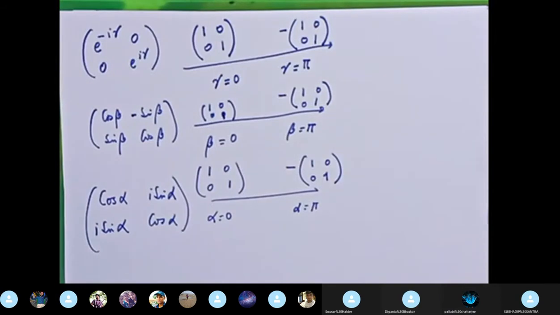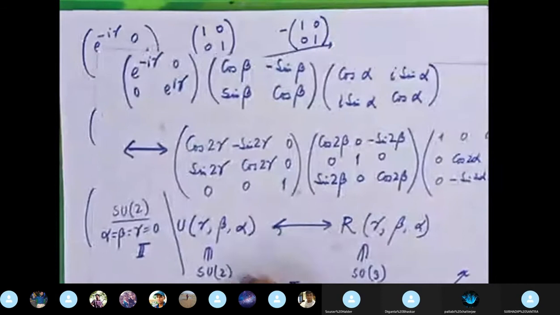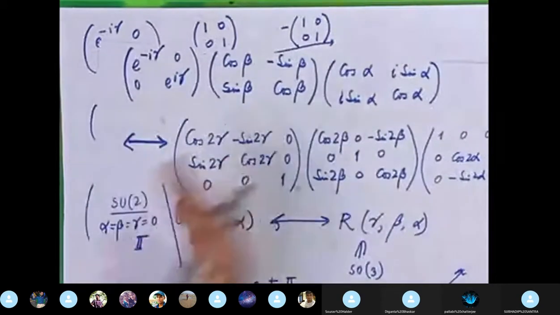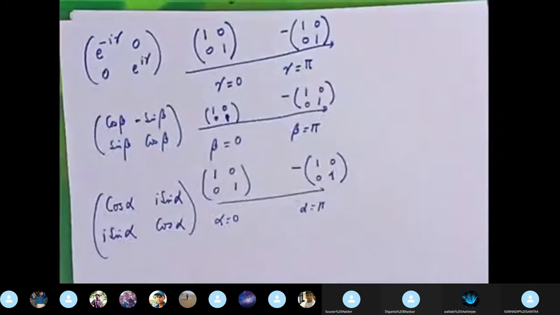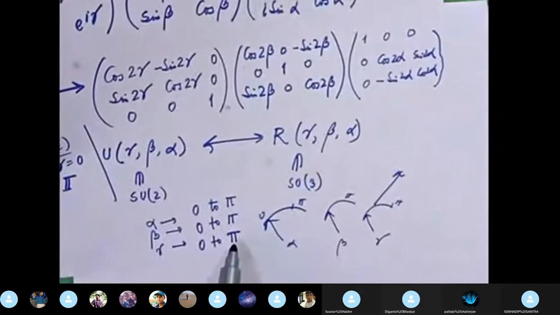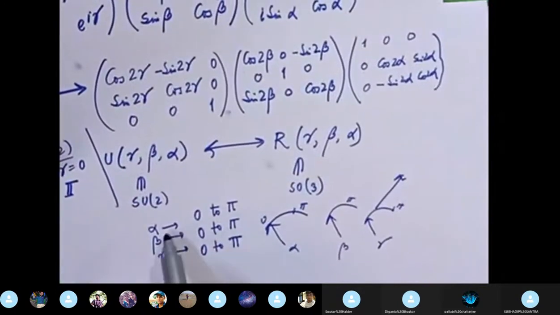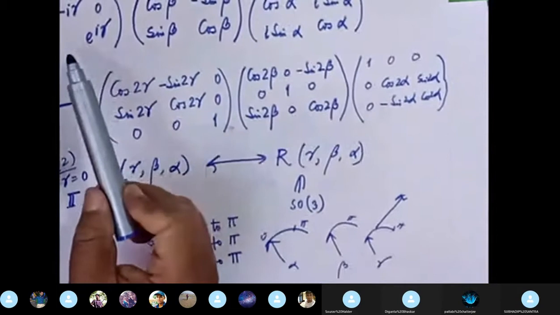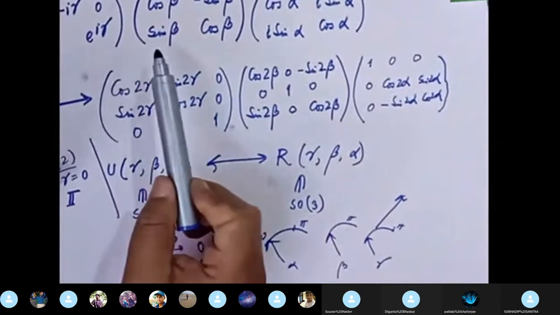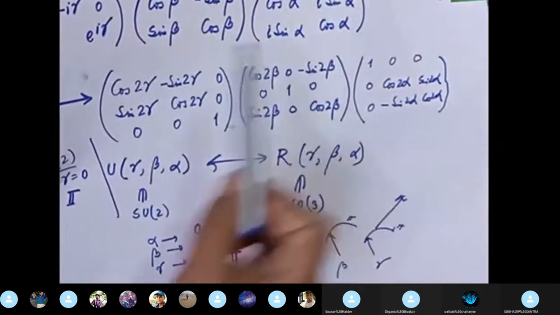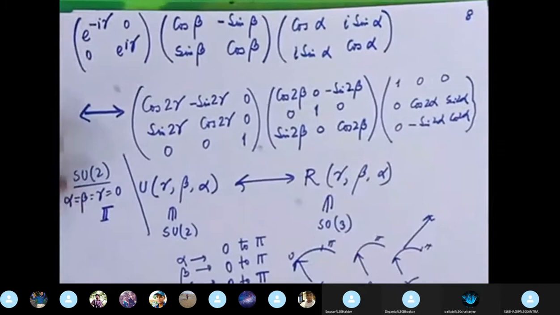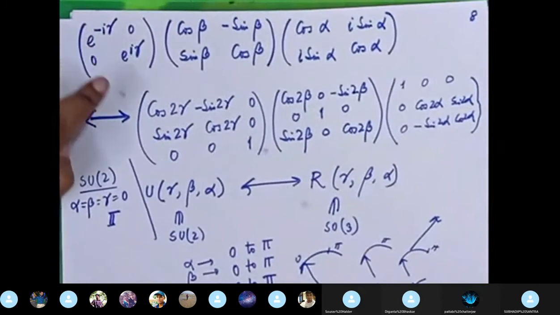Oh, sorry. Someone misguided me. So their product should be minus 1, because at alpha, beta, gamma equal to pi, even if you individually check, this is minus identity, this is minus identity, this is minus identity. So their product is minus identity, not identity.